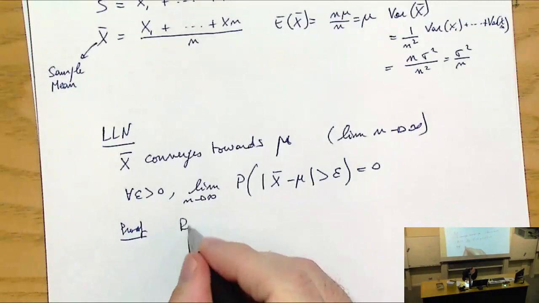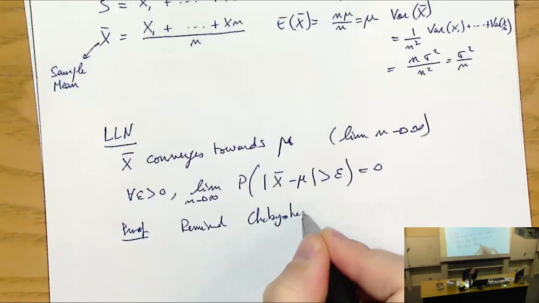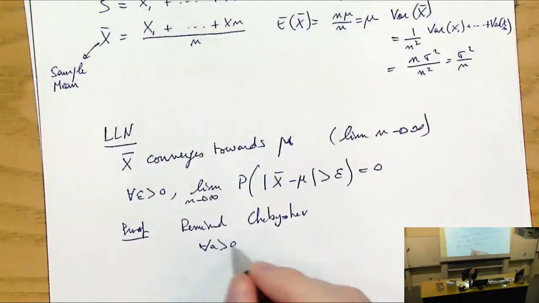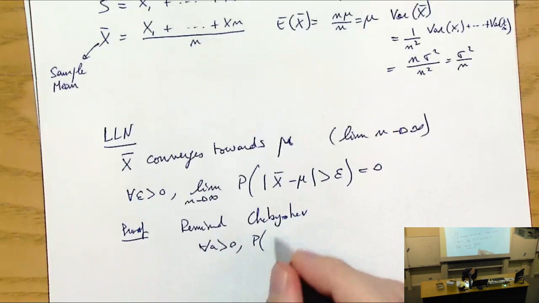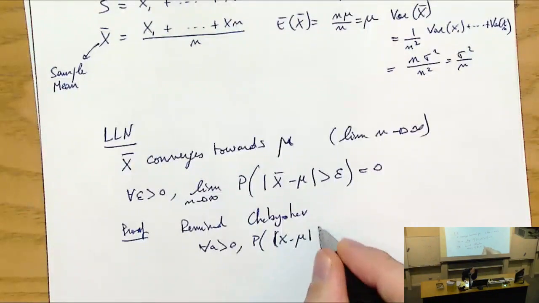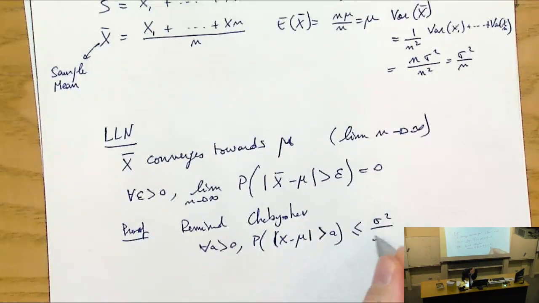So remind the Chebyshev inequality, where we said if you have for all a positive, the probability of having x minus mu larger than a is smaller or equal to sigma square over a square, right?